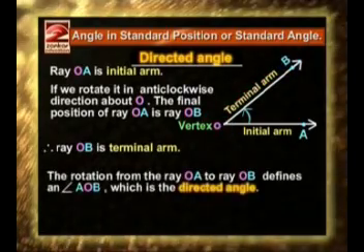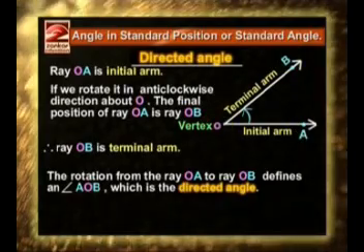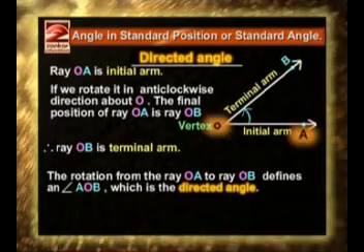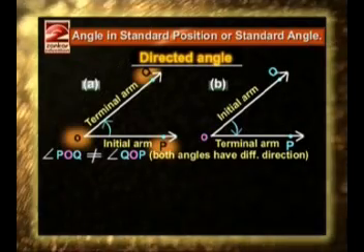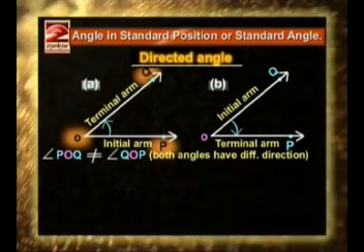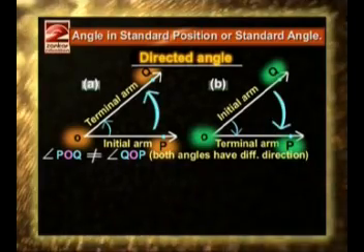In this case, the rotation from the ray OA to ray OB defines an angle AOB, which is the directed angle. Here, angle POQ is not equal to angle QOP because both of them are having different direction.